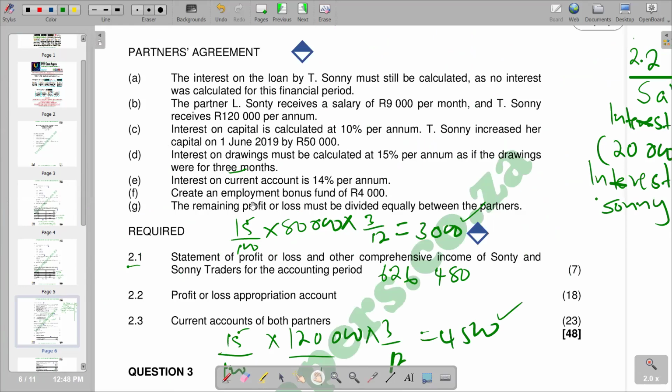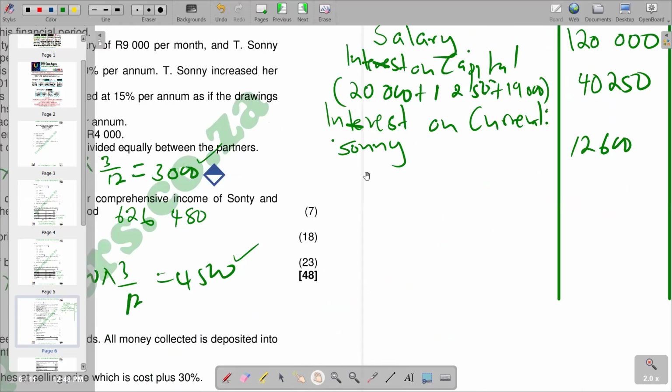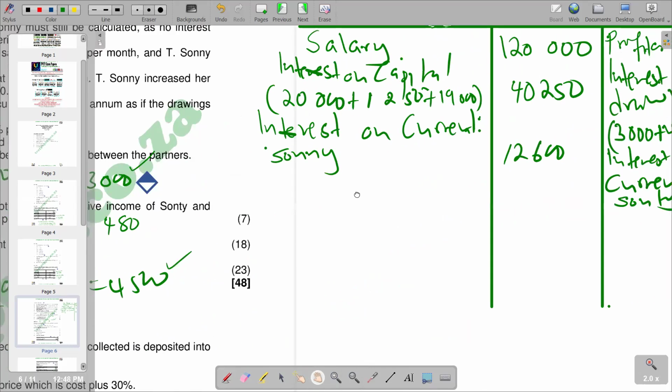We now have created an employment bonus fund for 4,000. So obviously this is going to come to the debit side of the appropriation again. Is our bonus. So we can say employment or the employee bonus fund.